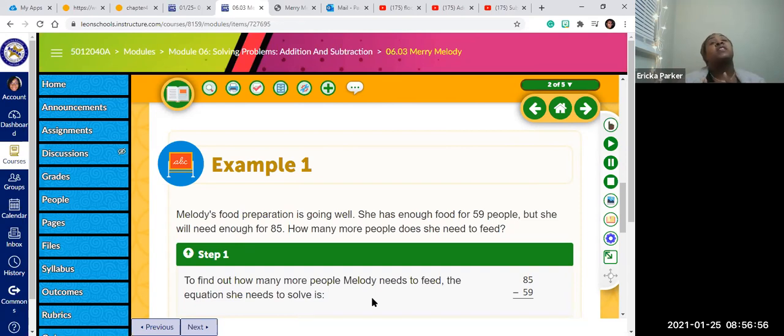Let me rephrase it. She has enough food for 59 people, but she would need enough for 85. How much more food basically will she need? That's the question. How much more food will she need? So here they are breaking down this problem for us.